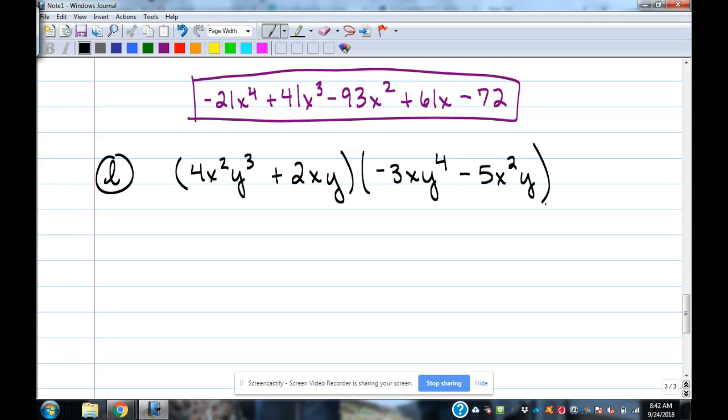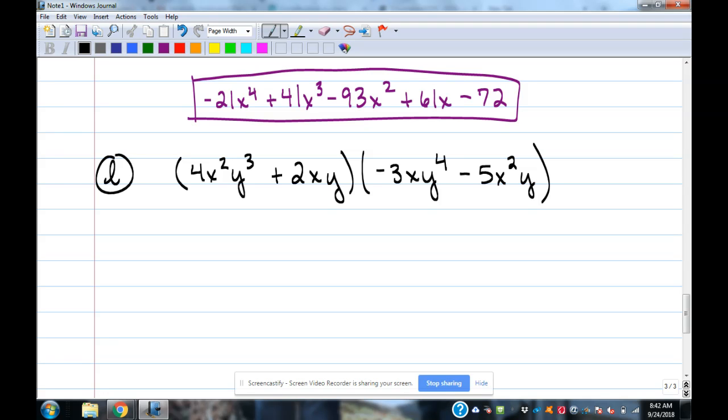Get one with a couple of variables in it. A lot of people think these are harder. I think they're easier because you have less probability of having like terms at the end.